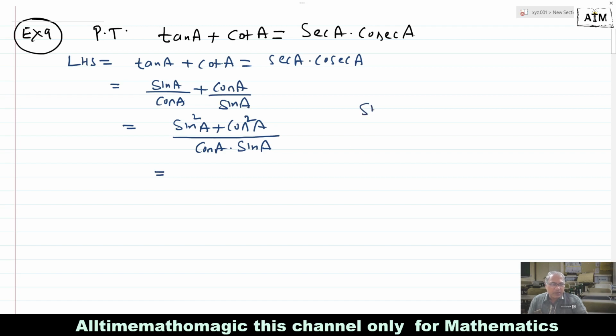Now sin square A plus cos square A equals 1.